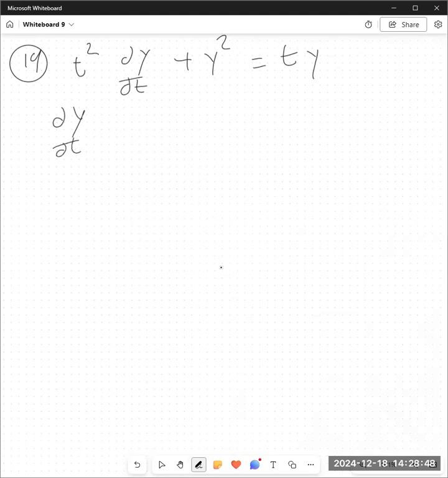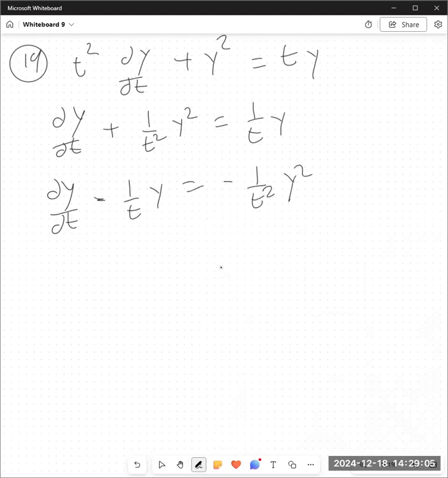Make this dy/dt plus 1 over t squared y squared equals 1 over ty. We'll rearrange: dy/dt minus 1 over ty equals negative 1 over t squared y squared.